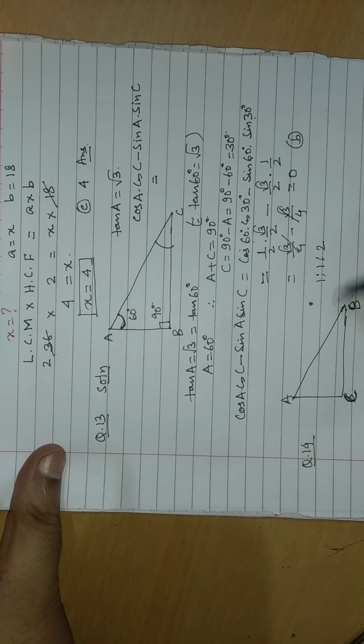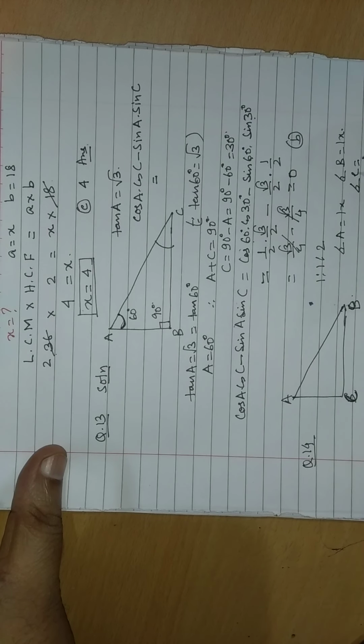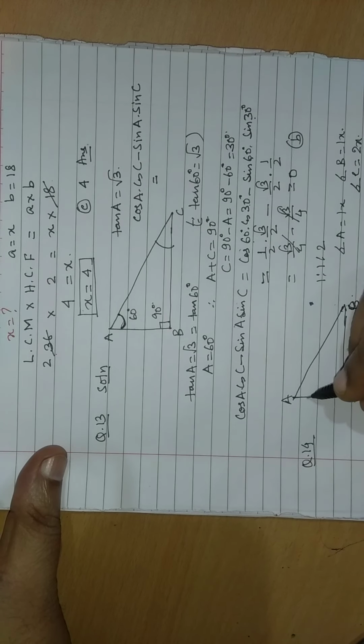So let angle A is equal to 1x. Angle B is also equal to 1x, and angle C is equal to the largest angle. Here it is given the angle C is the largest angle, so 2x. So this is x, and this is x, and this is 2x.